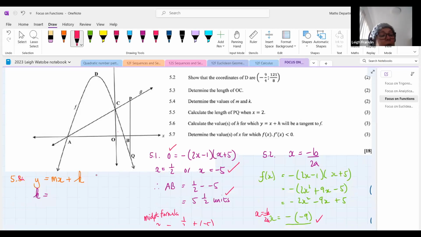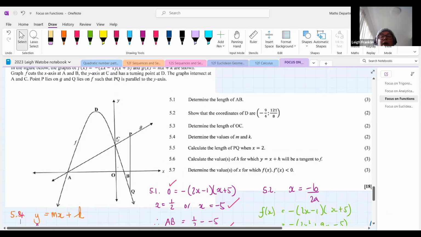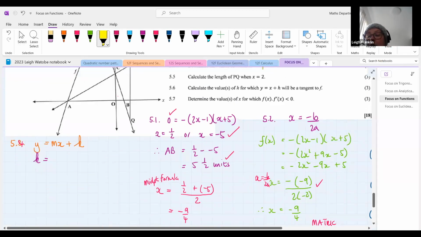Back to 5.4 now, determining the values of m and k. We know what K is equal to. K is equal to 5. That's it, Gugu. And we know that from here, because when we multiplied those two together, this is it in standard form.